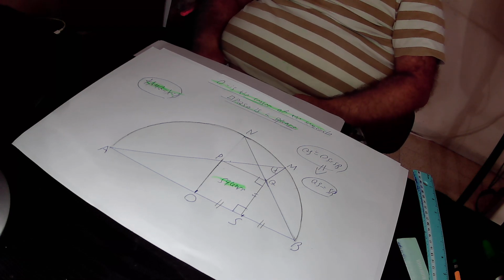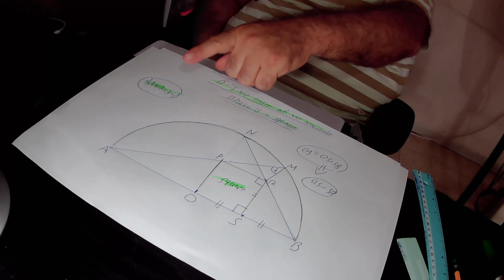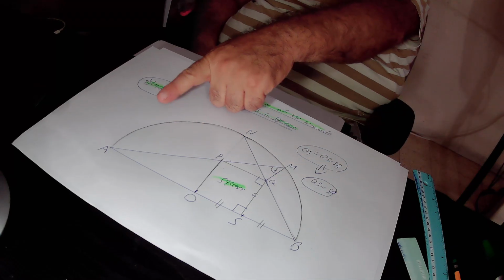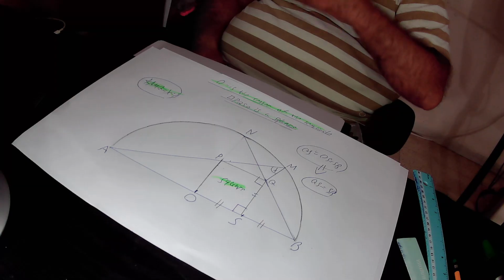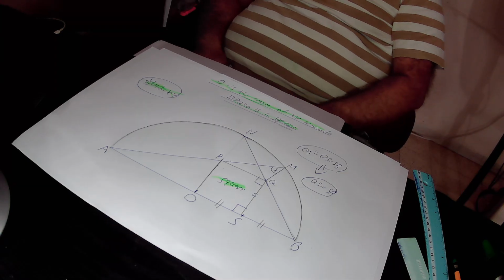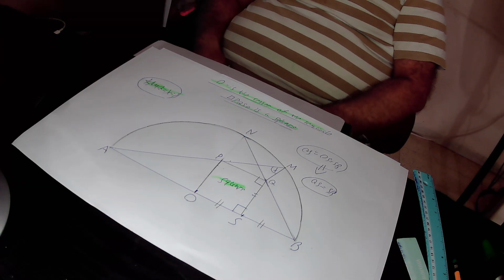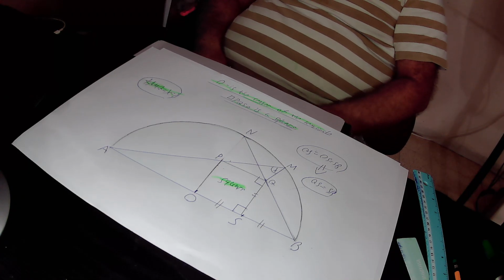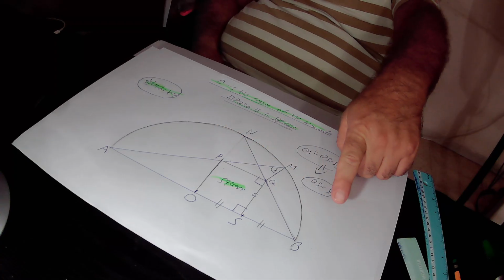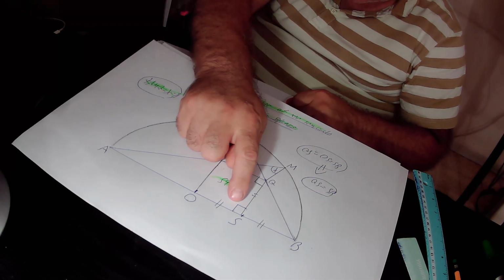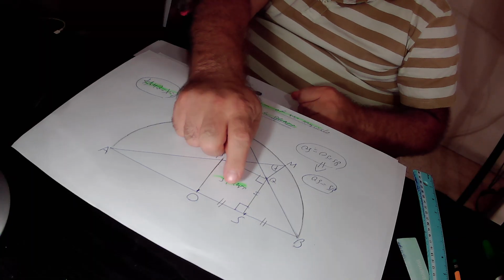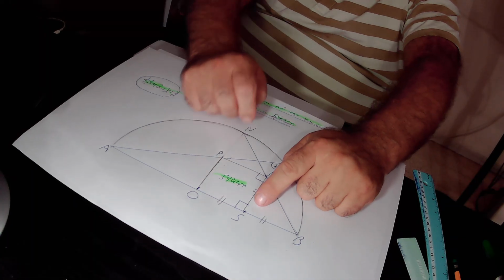We know that AB is the diameter of this semicircle. So AB is the diameter, it is absolutely a straight line. So if you focus on the upper side of the straight line AB at point S, the sum of the angles must be equal to 180 degrees according to rule 3. Rule 3 says that the sum of the angles on one side of a straight line is equal to 180 degrees. So which angles do we have at the upper side of the straight line AB at point S? We have this angle, that is a right angle, plus this missing angle.